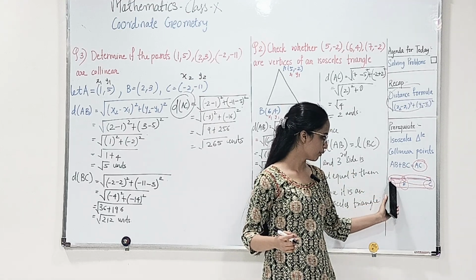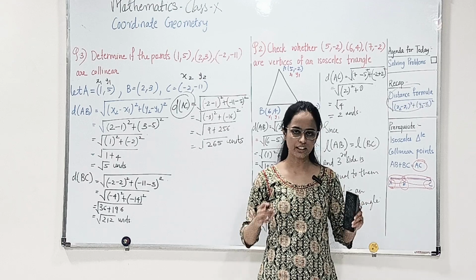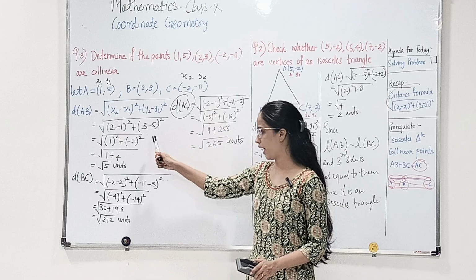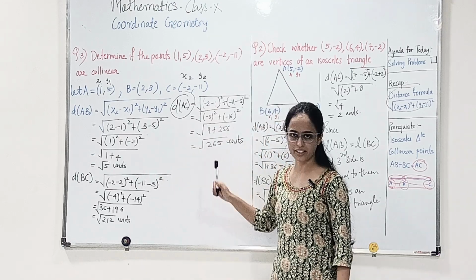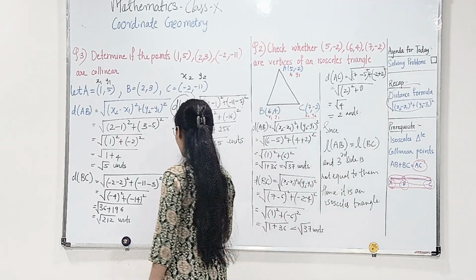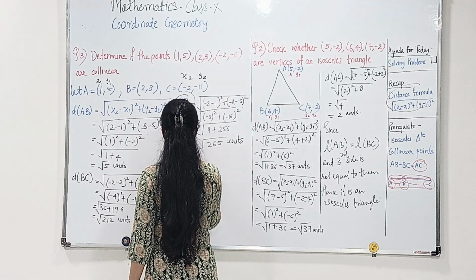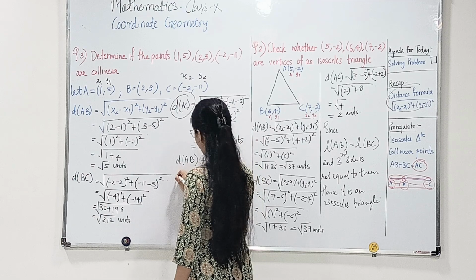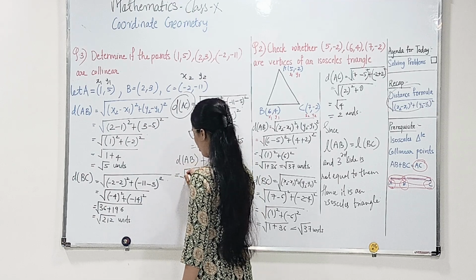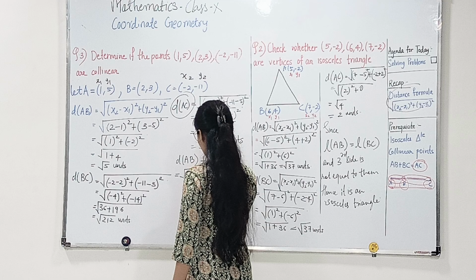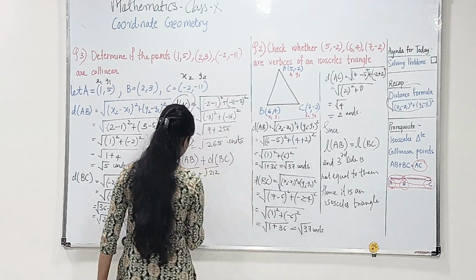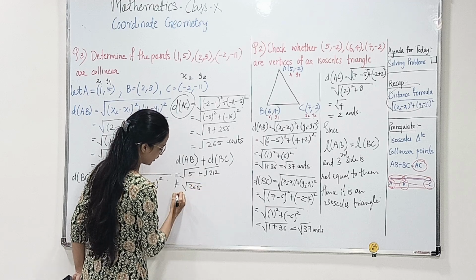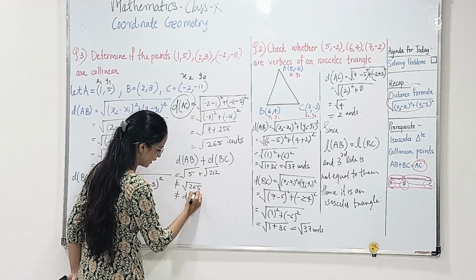So we are going to consider AC to be the largest part of this line. It means that if you consider AC to be the main line and AB and BC to be its subparts, then when you add these two, you should be getting the third length. But when you actually add distance AB with distance BC, which is root 5 plus root 212, this is clearly not equal to root 265, which is distance AC.